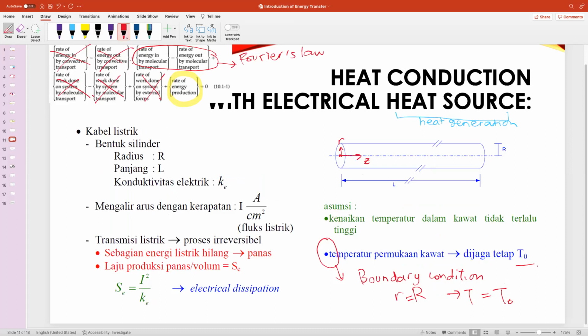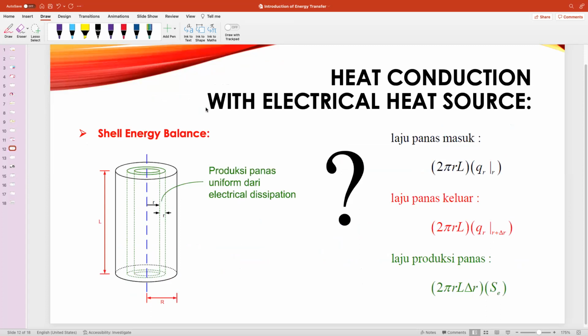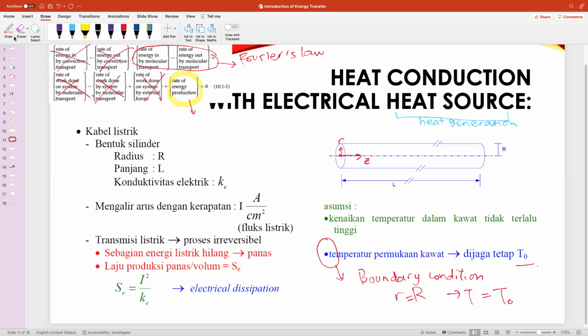There is no work done on or by the system by molecular transport, because it's not a fluid as well. So this would be the energy in and out, and also the rate of energy production, which is what we call electrical dissipation.